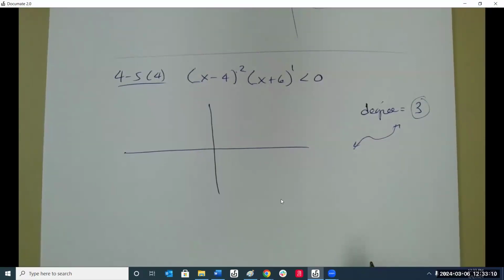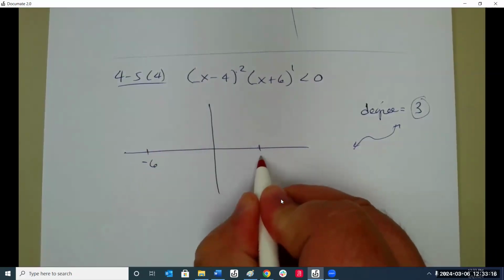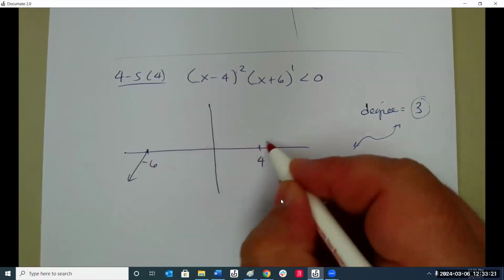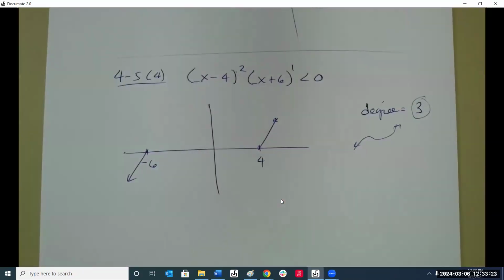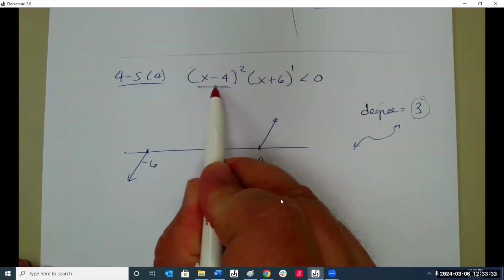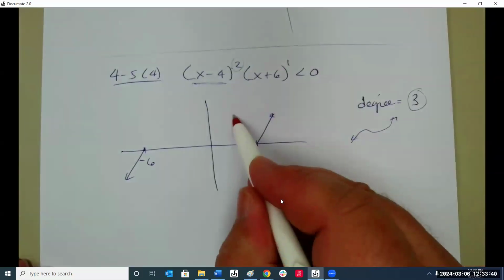So what are our x-intercepts? Yeah, -6 and 4. So because of what our graph looks like, we know that the graph has to look like this. Are there any other x-intercepts? Well, we don't know. Well, we do know this, though. What does the graph do at 4? Does it bounce or does it cross? It bounces because it's an even exponent.